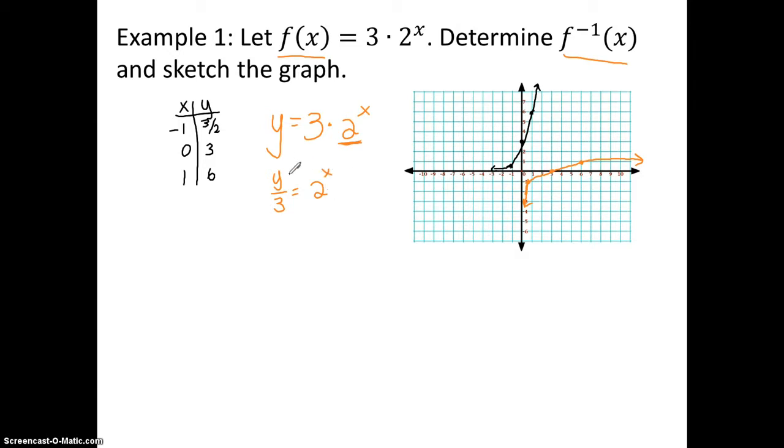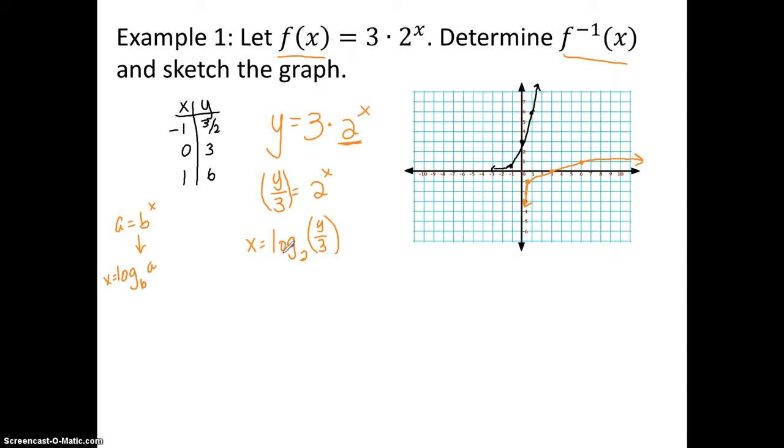And now we're going to use our logarithm conversion. If you don't remember it, a equals b to the x is going to convert to x equals log base b of a. So we're going to get x equals log base 2 of y over 3.